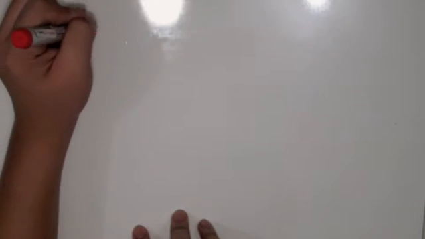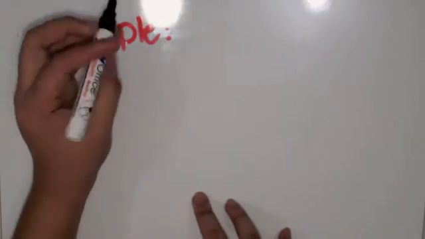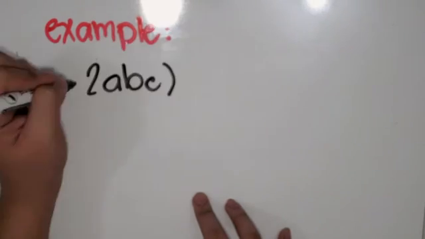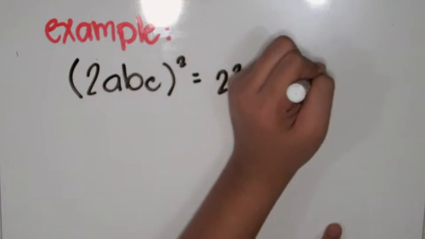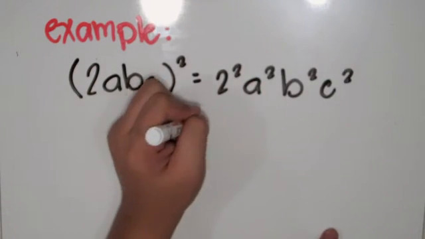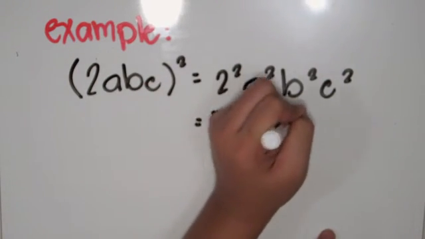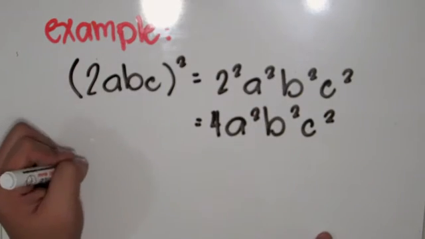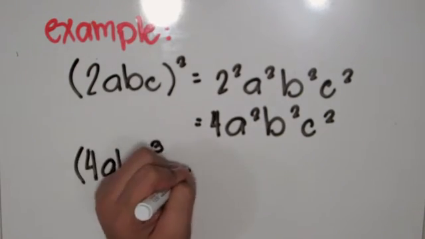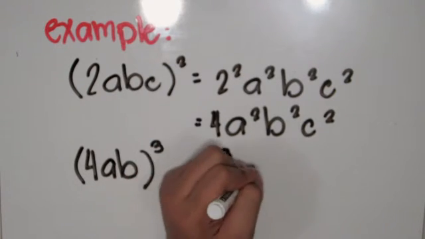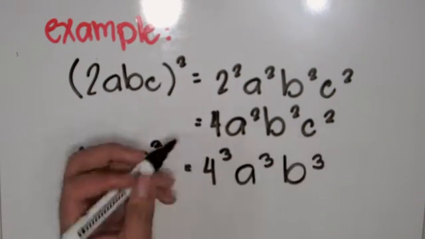For example, (2abc) squared equals 2 squared a squared b squared c squared equals 4a squared b squared c squared. Now (4ab) cubed equals 4 cubed a cubed b cubed equals 64a cubed b cubed.